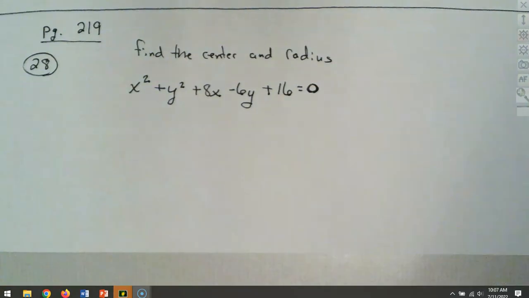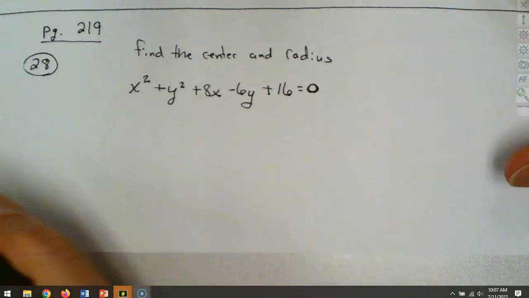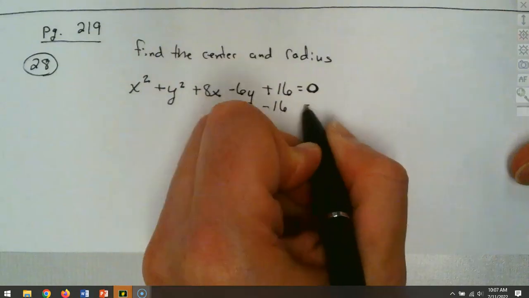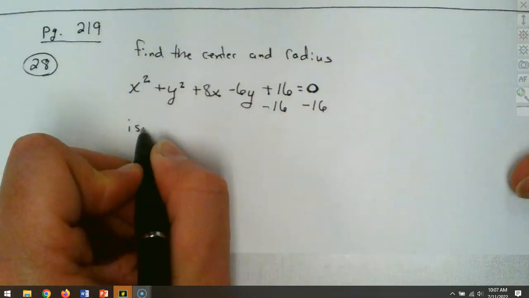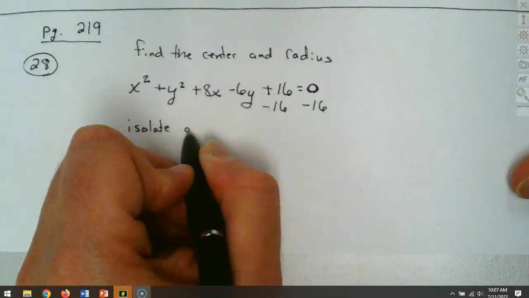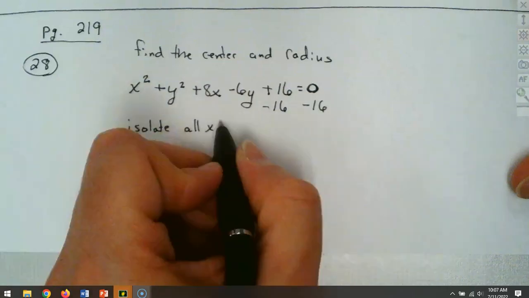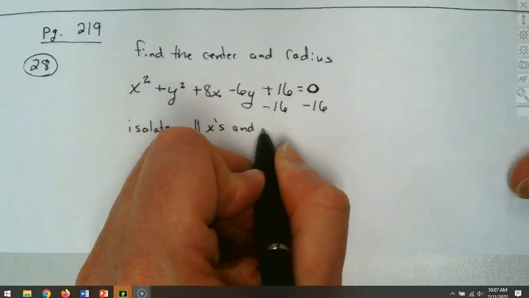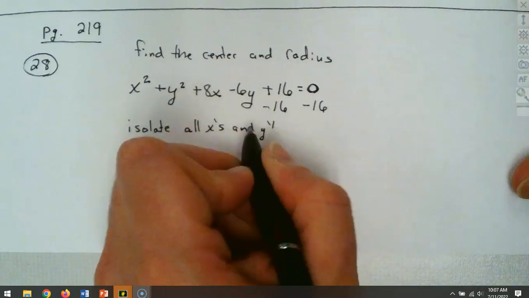So what we first want to do is, when we look at this, get it eventually in center-radius form. So the first thing we do is make sure that we isolate all the x's and the y's on the left. So that means we move that 16 over. So we want to isolate all x's and y's on the left.